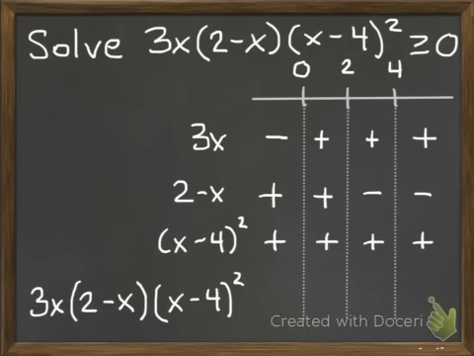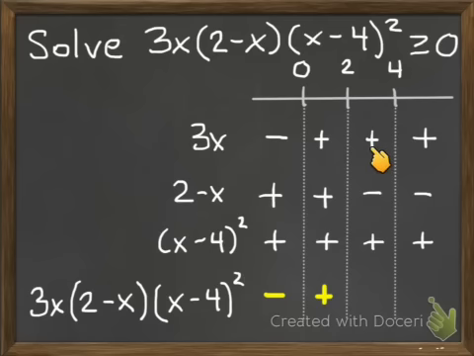Once we have the signs of all of the factors determined, we can figure out the sign of the product. When we multiply a negative number times a positive number times a positive number, we're going to get a negative number. When we multiply a positive number times a positive number times a positive number, we're going to get a positive number.